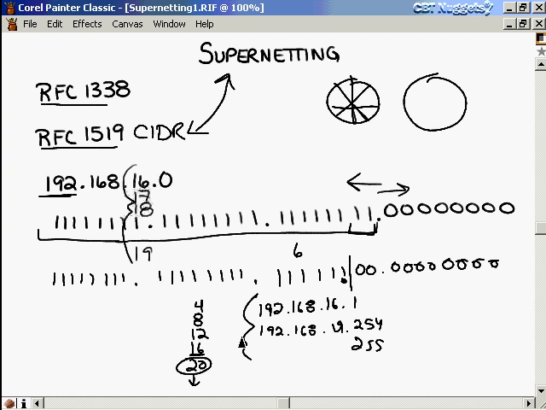So what I've done is I've taken 4 original Class C addresses, made them one network, and it's not a class network anymore. This is definitely classless.